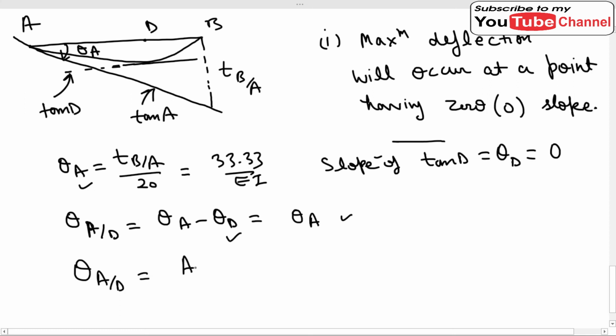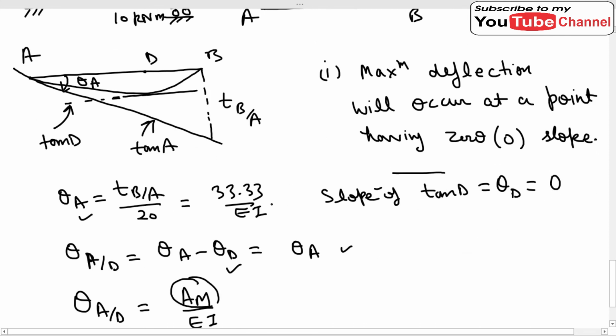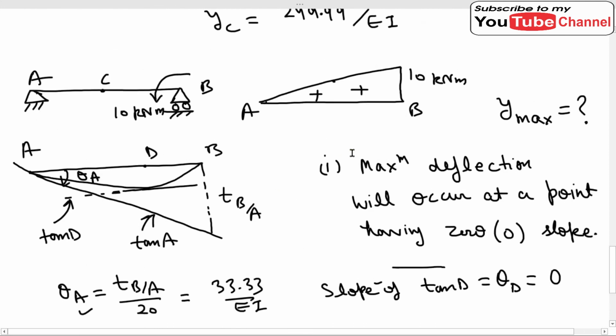Theta A over D will be equal to AM upon EI. We want this area of the M upon EI diagram, but we don't know up to which point.